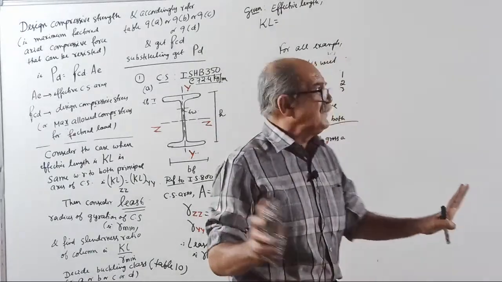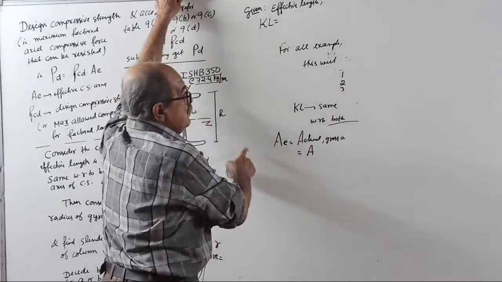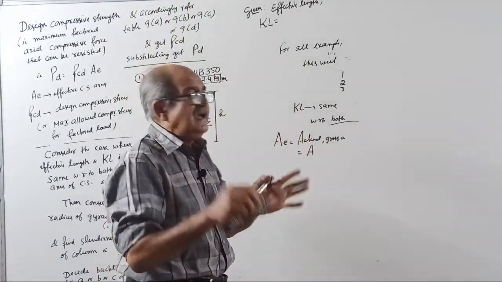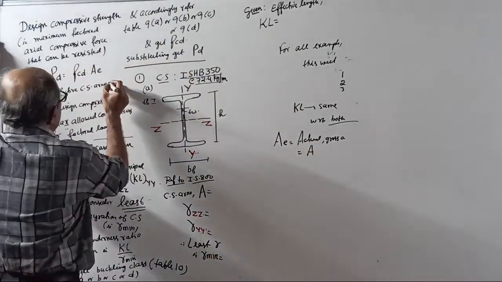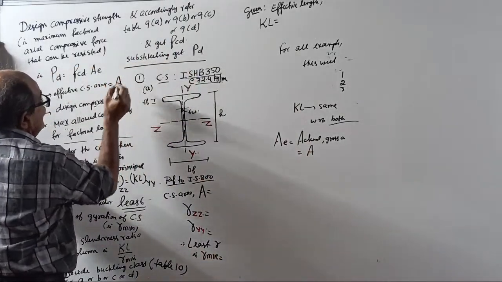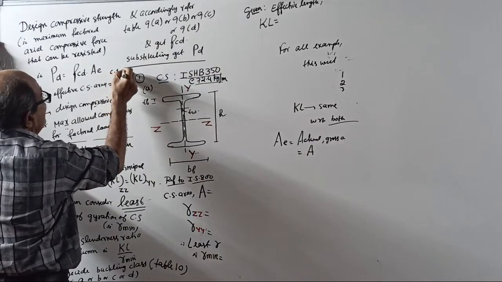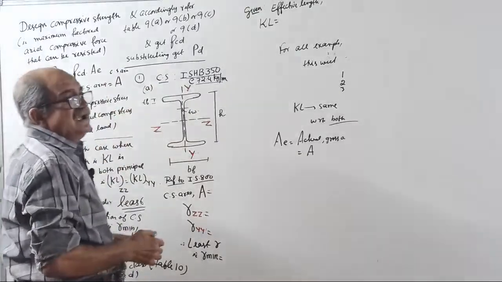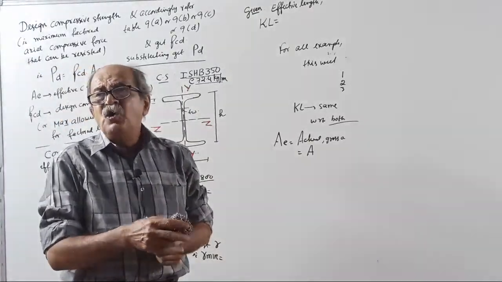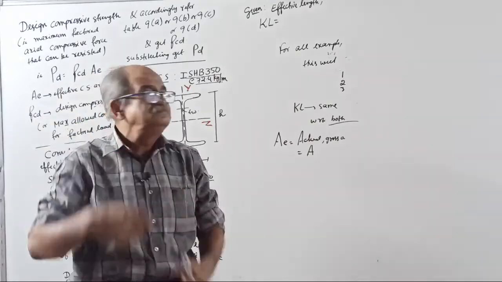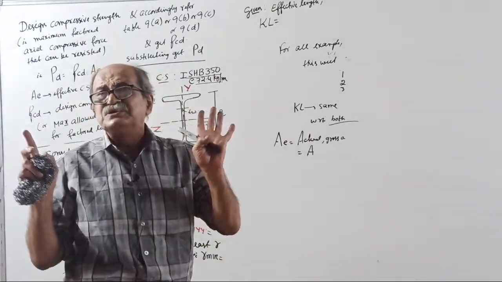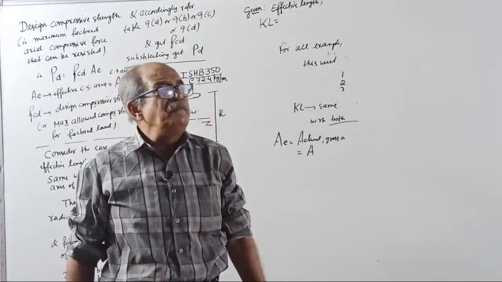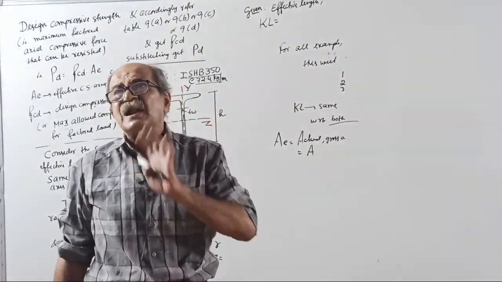So in all the classes for compression members, your AE effective area is nothing but cross-sectional area A. FCD is design compressive stress, meaning how much compressive stress is allowed. It depends upon slenderness ratio. The longer and thinner the column, the weaker it is, so you should apply a lesser load.